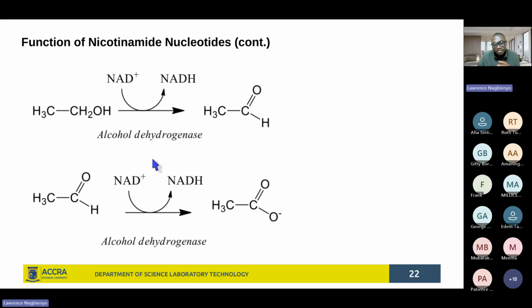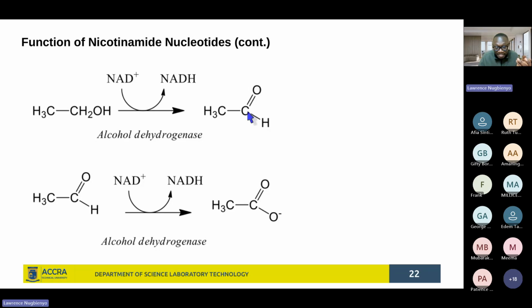Interestingly, methanol is toxic. It's toxic because, you see this reaction, if you take methanol, it will first be oxidized to formaldehyde, which is toxic, acting on the nervous system, can cause blindness in a short period of time, can cause breakdown of the nervous system.